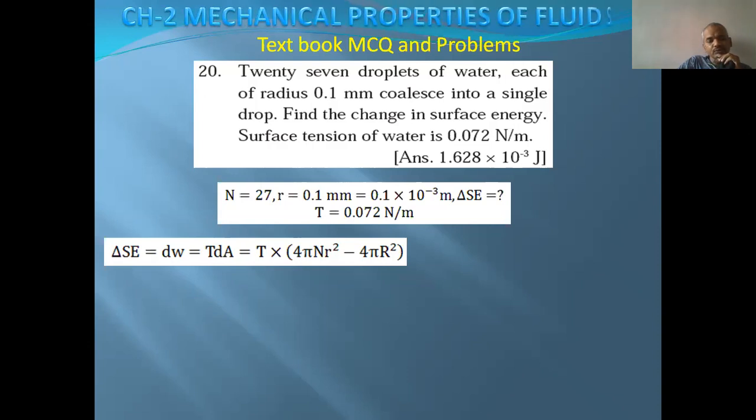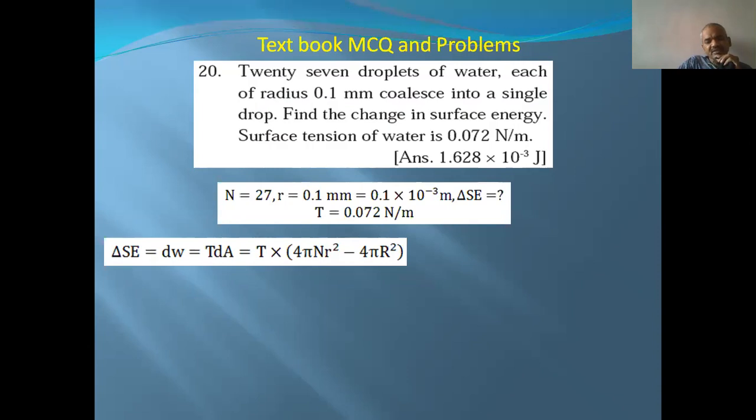So we have to find dA, the change in surface area, by subtracting the final area from the initial area. The initial area is 4 pi r square for each droplet. There are N droplets, so the total area is 4 pi N r square, and the final single drop has surface area 4 pi R square.